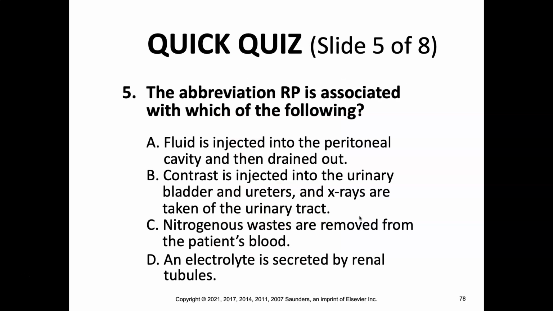Retrograde pyelogram. Does that sound like fluid injected into the peritoneal cavity and then drained out? No. Does it sound like contrast that's injected into urinary bladder and ureters and x-rays are taken of the urinary tract? Maybe. Retrograde pyelogram. Does it sound like nitrogenous wastes are removed from the patient's blood?